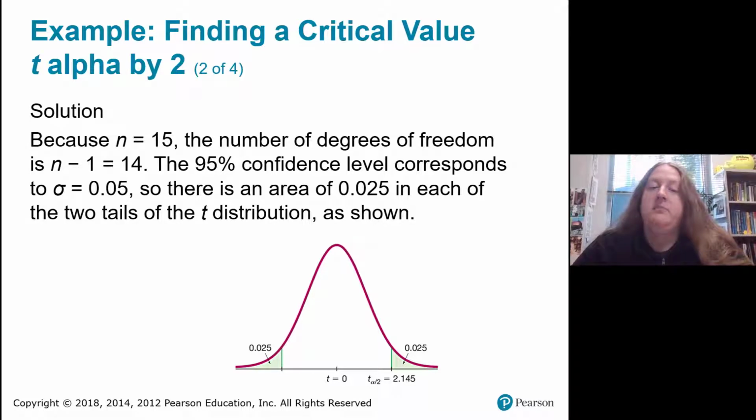And we'll have a 95% confidence interval, which means alpha, it's a typo, it shouldn't be sigma, it's alpha, is 0.05. So there's an area of 0.025, alpha divided by 2, in each of the two tails of the t-distribution, as we've shown here.